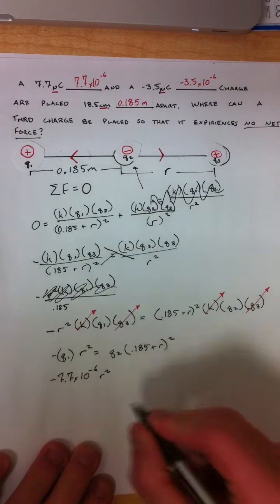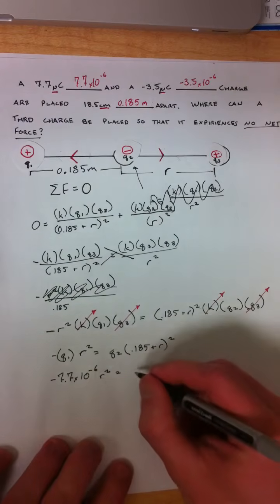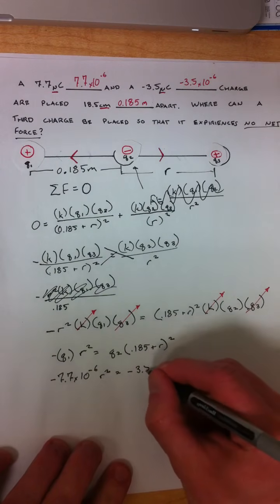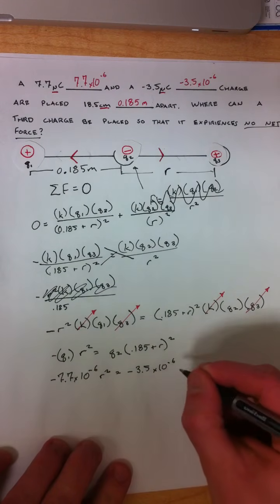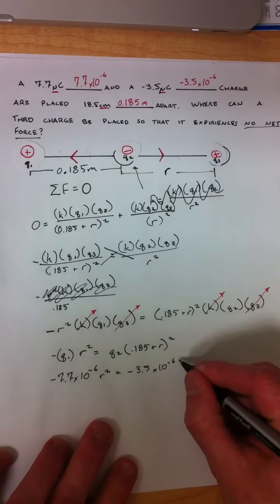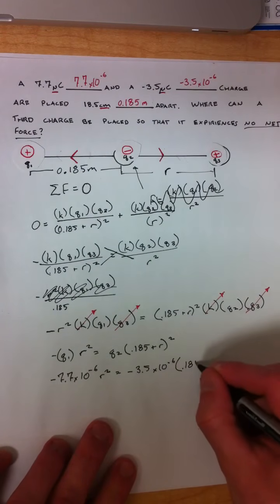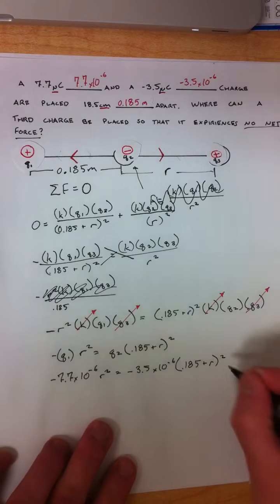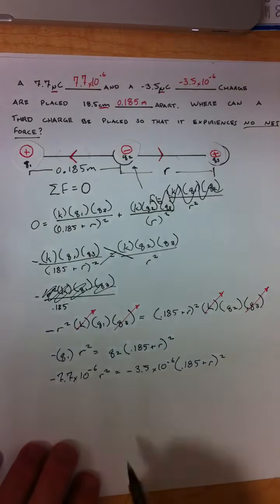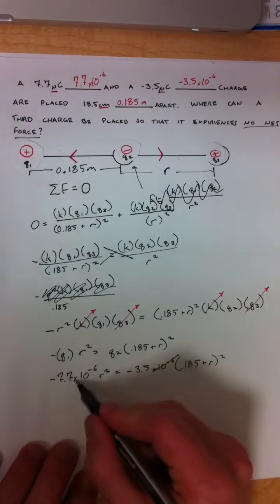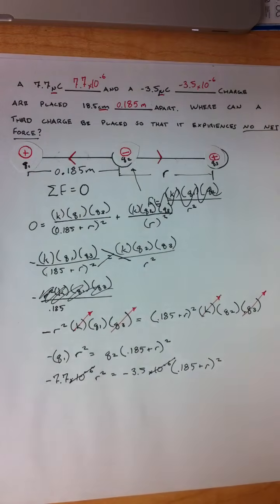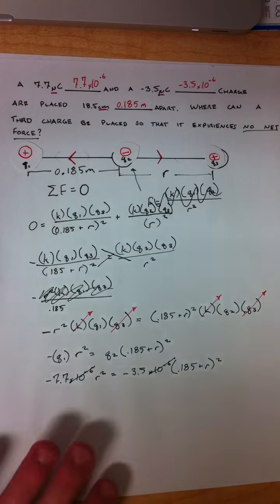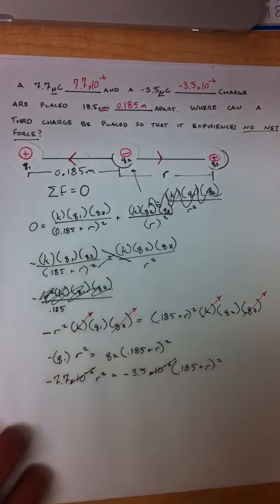That's multiplied by r squared equals q2, which is negative 3.5 times 10 to the negative 6th, and that's multiplied by (0.185 plus r) squared. Moving right down the line, we can go ahead and cancel out these two 10 to the negative 6's. It just appears on both sides, and it's only bound by a multiplication, so we can take those out.